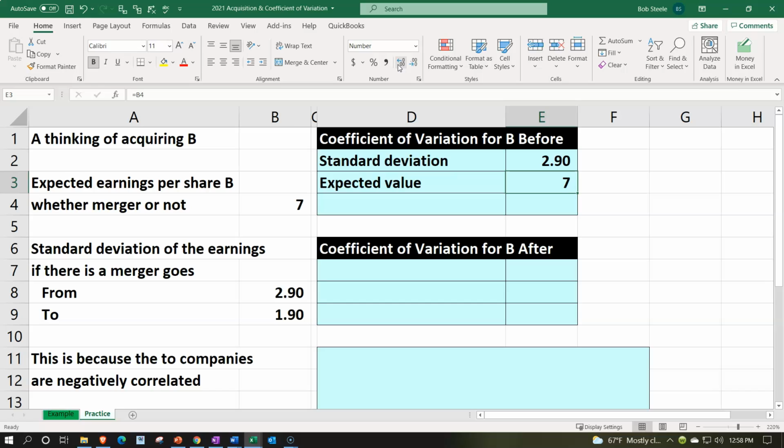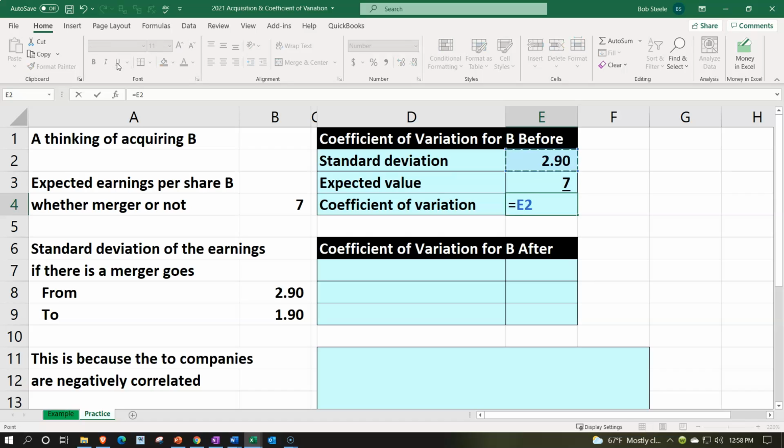So we calculate, let's underline that, font group and underline, we get the coefficient of variation by taking the standard deviation of the 2.9 divided by the 7 expected value, adding some decimals, number group, couple decimals, and we're at the 0.41.